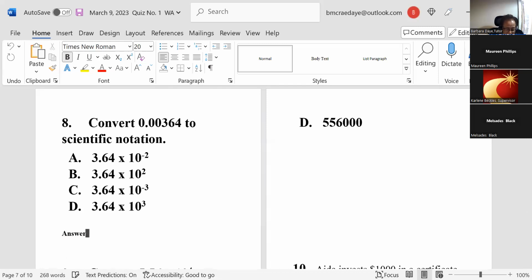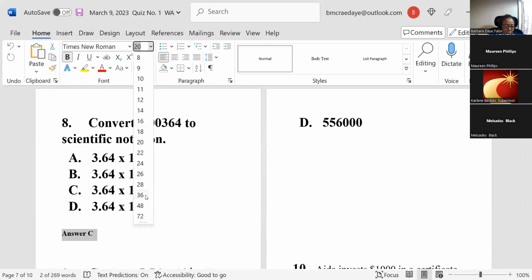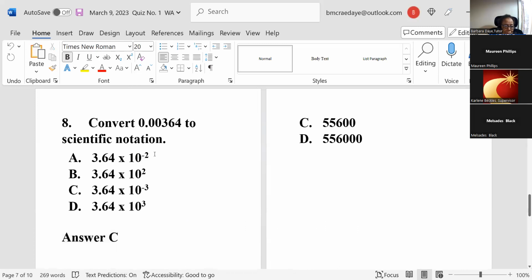She moved to the right, right? 3 places. Explain, Maureen, what happened? I moved the decimal from the 0, I put it in between the 3 and the 6.